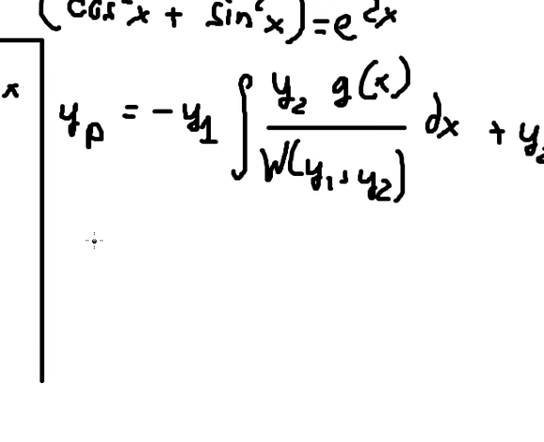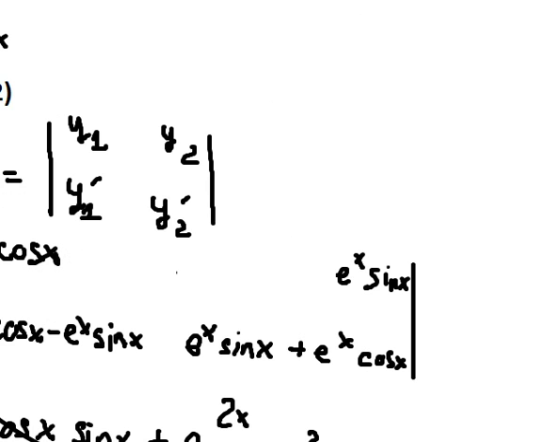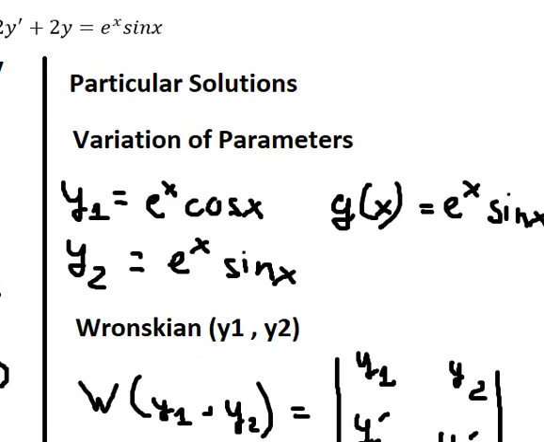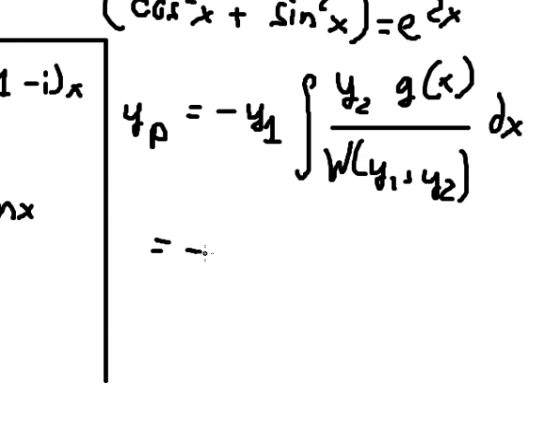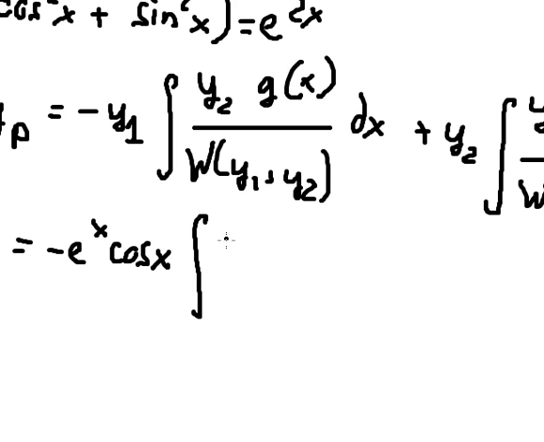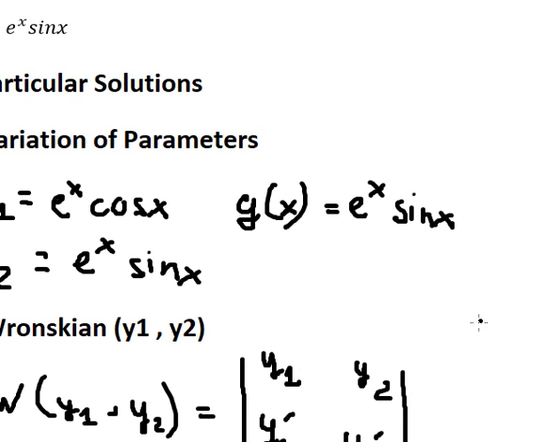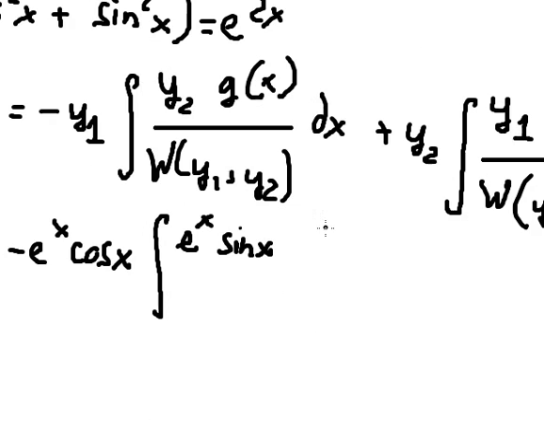So we have y1, that is this one, and we get negative e to the power of s cosine s, and this one we have e to the power of s sin s, and we have gs, that is this one, over this one.